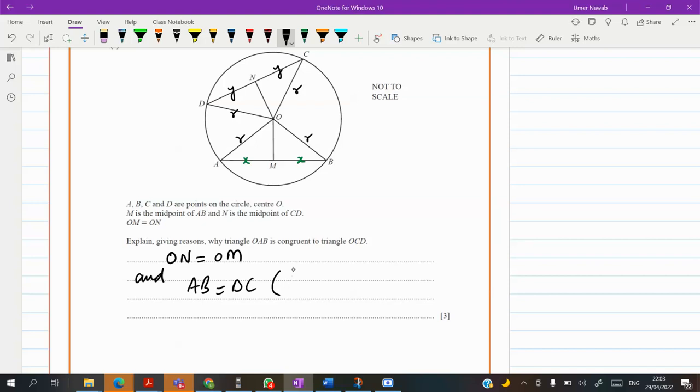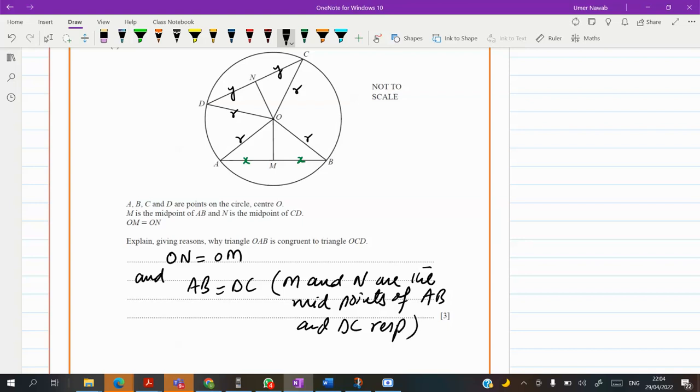The reason is, M and N are the midpoints of AB and DC respectively.